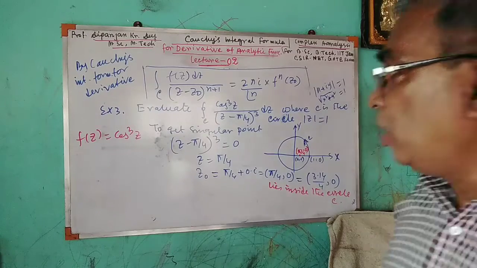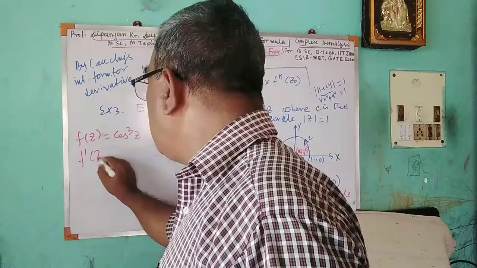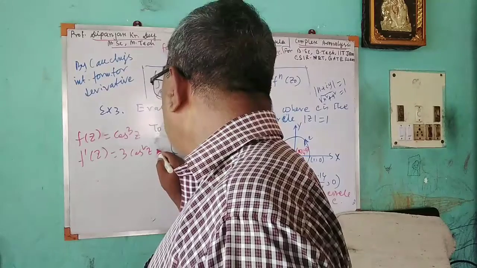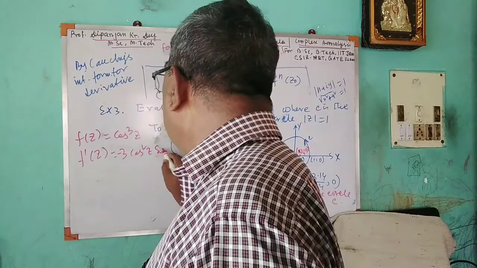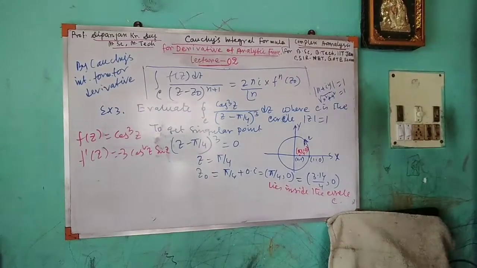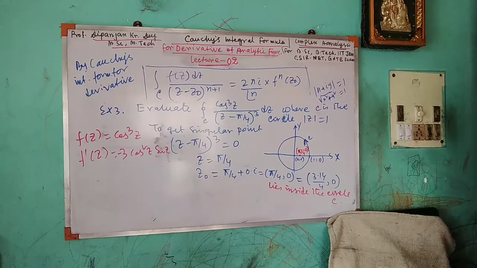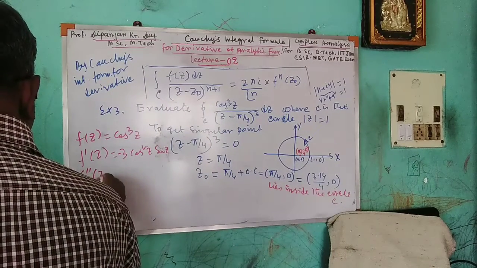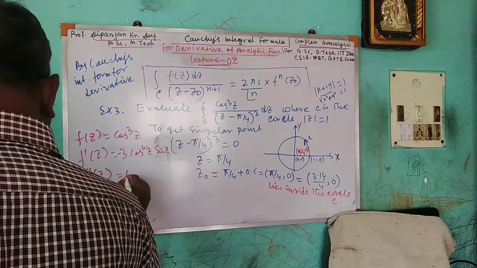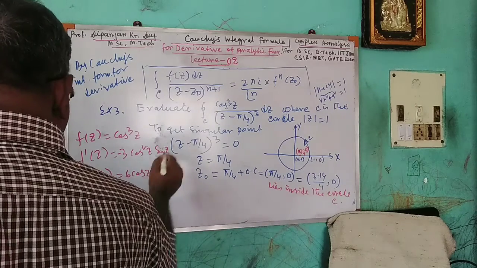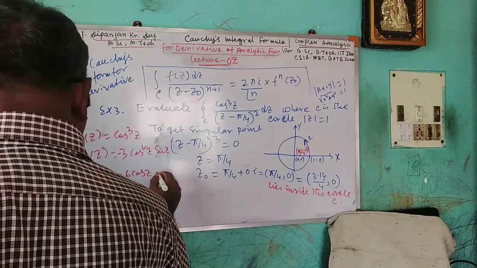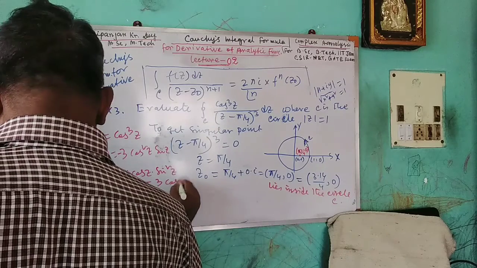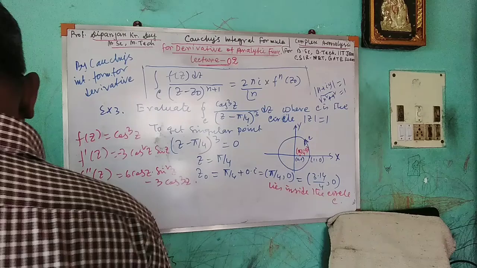Try to understand. So f(z) is there. What is f dash z? It is equal to 3 cos square z into minus sin z. And f double dash z is equal to 6 cos z, using the u-v rule, 6 cos z into sin square z minus 3 cos cubed z.